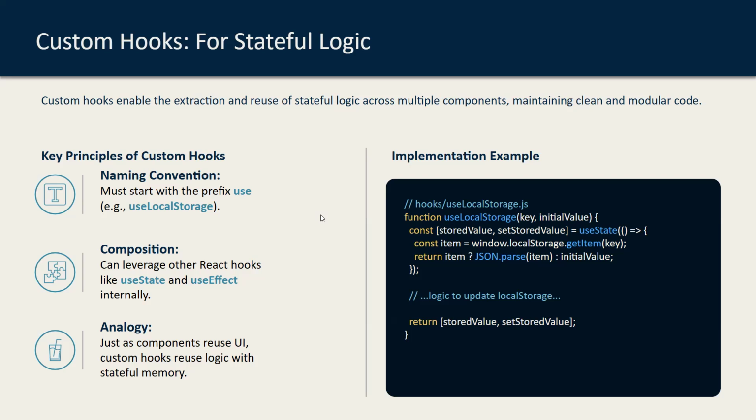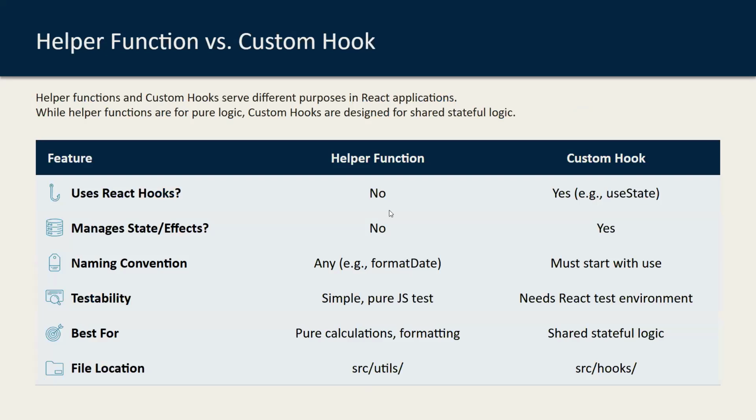So the simple rule for creating custom hooks would be: if the logic is plain JavaScript, use a helper function. But if the logic uses React state or effects, that's a good case for a custom hook. And this slide gives a really clear side-by-side example. Helper functions do not use React hooks. They do not manage state or effects, but custom hooks do.